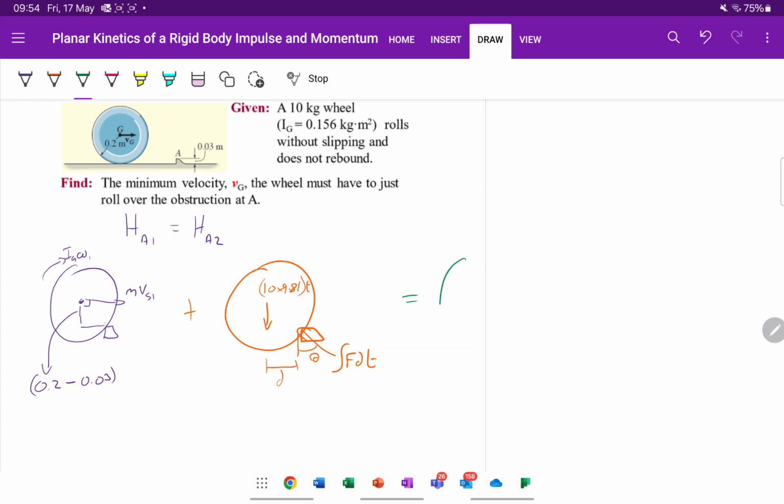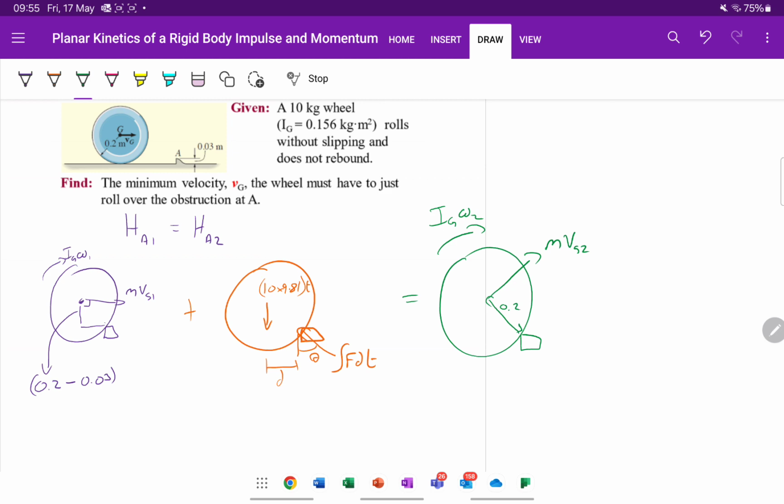And that's going to come out with a new angular momentum where we're just rotating about the step. If you imagine it's just lifting off the ground. We know now the distance between G and A, because that's the radius. And it's still going to be rotating, but it could be going at a different speed.